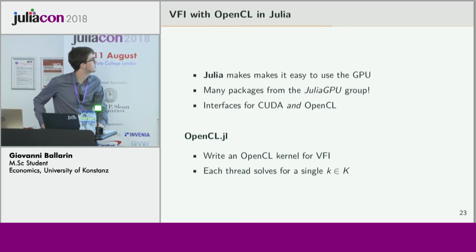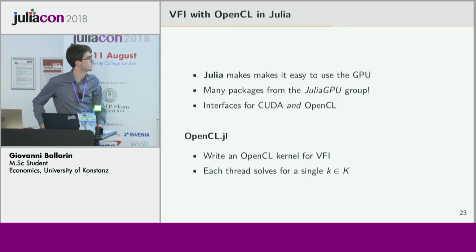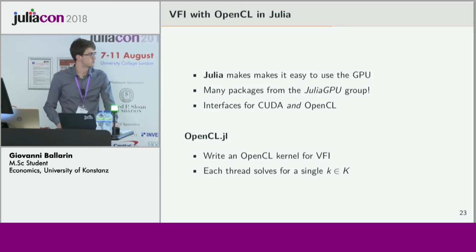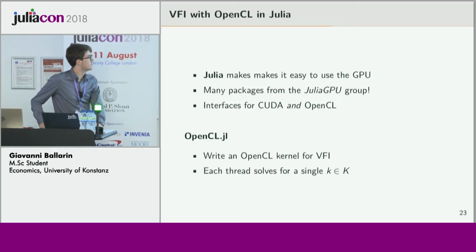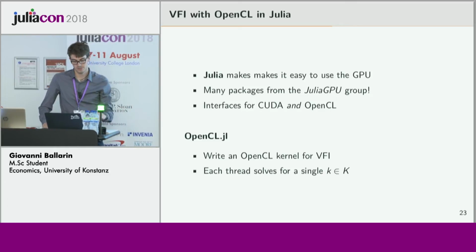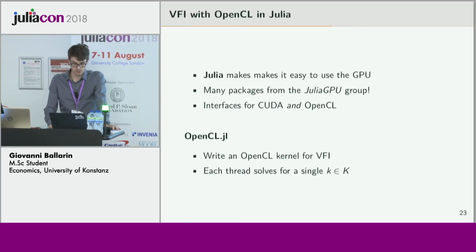I'm not naming names, but I like MATLAB because I use it, but OpenCL doesn't work in MATLAB. I mean, you can try, but please don't, because it's bad. OpenCL.jl, in fact, allows you to write kernels directly, and then just plug them in, and they're going to work with your Julia code with some glue code.